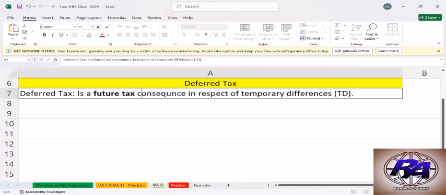The name is from deferred. We enjoy some of the benefit today, mostly when we talk about a non-current asset. The carrying amount of that asset is enjoyed until we exhaust all of it. At the end of it, either we dispose of it or we even throw it away.